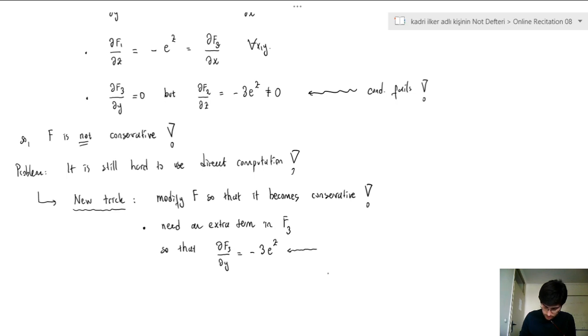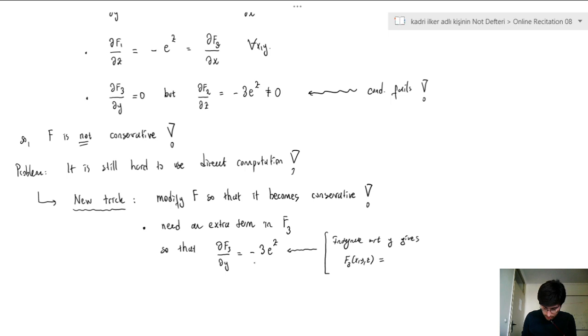Just integrate with respect to y. So f3 depends on x, y, z.